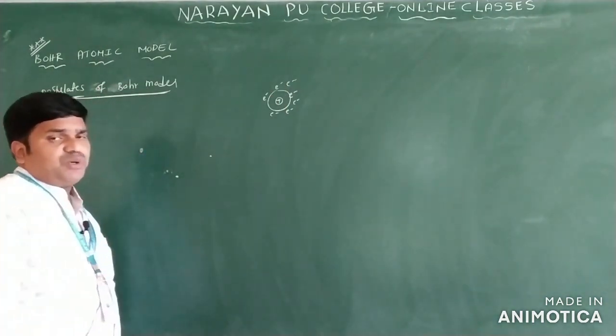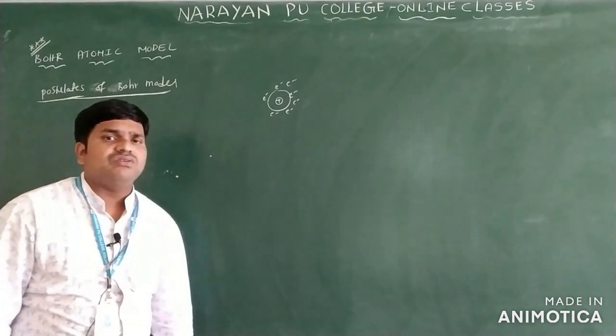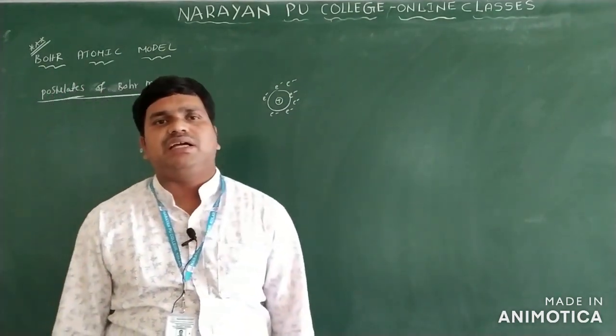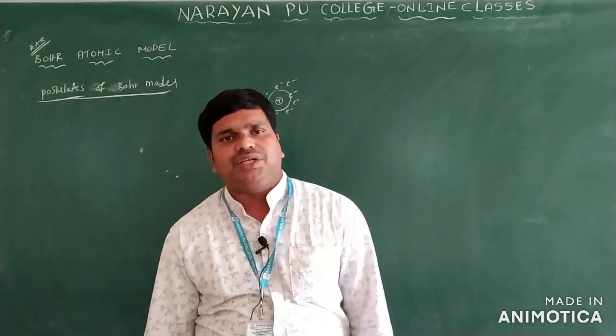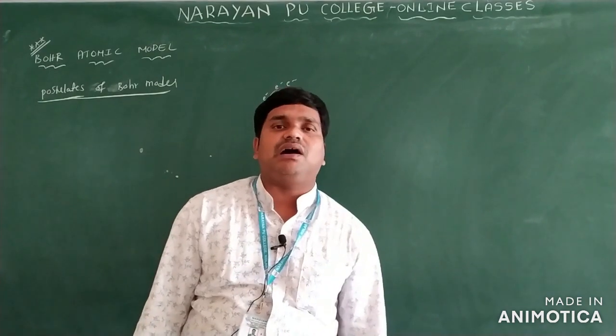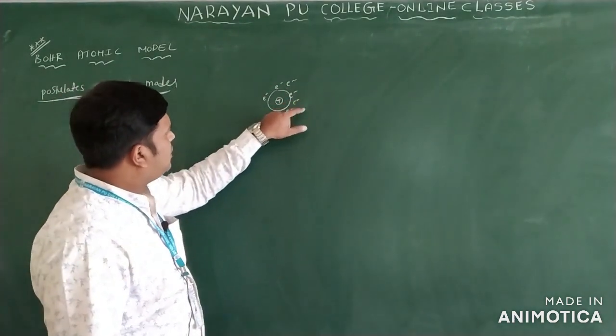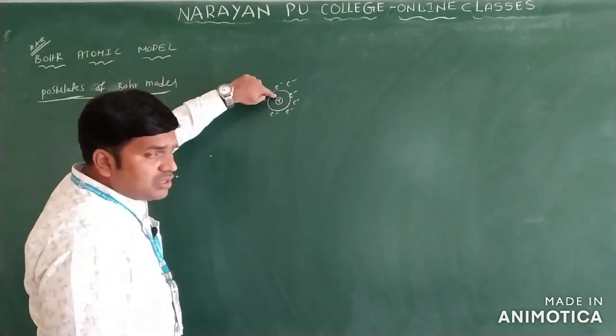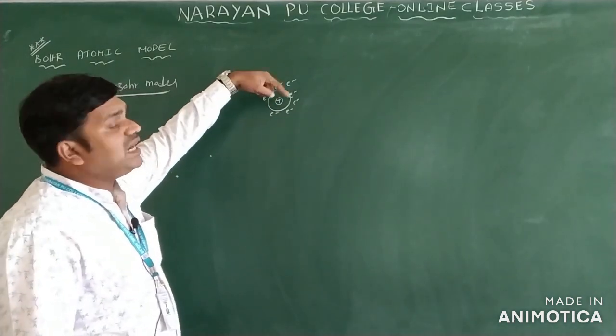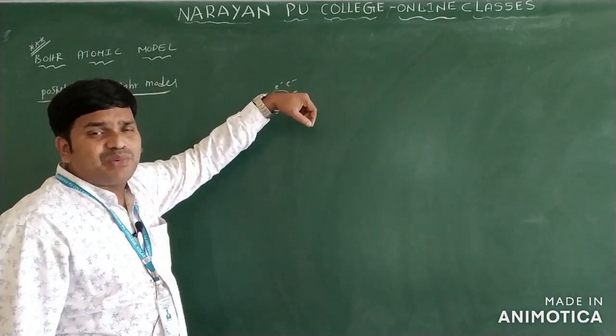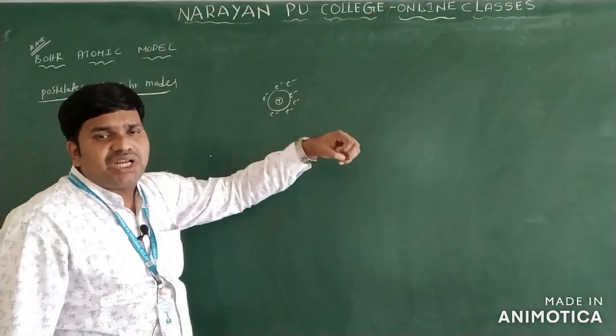So what is the first postulate of the Bohr model? Electrons revolve around the nucleus in circular orbits only. These are called shells or orbits. Electrons revolve around what? The nucleus in circular paths. Those circular paths are called what? Shell or orbit only.